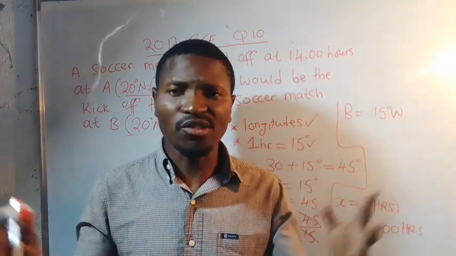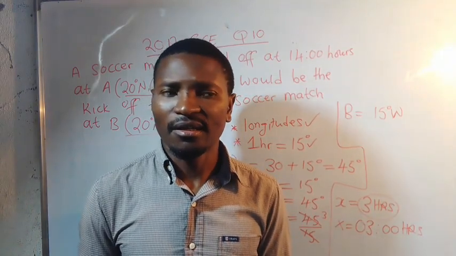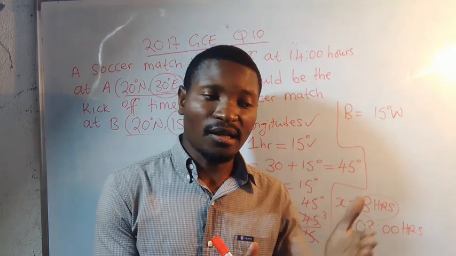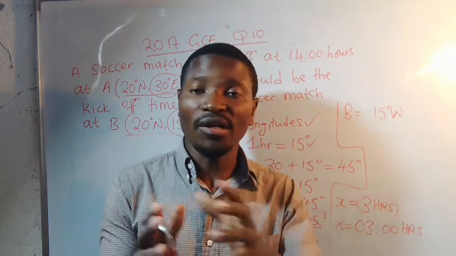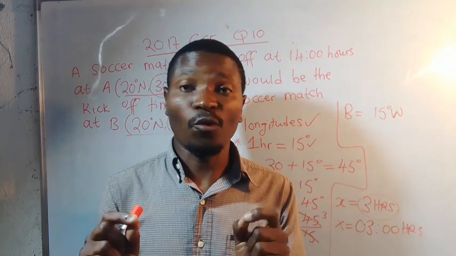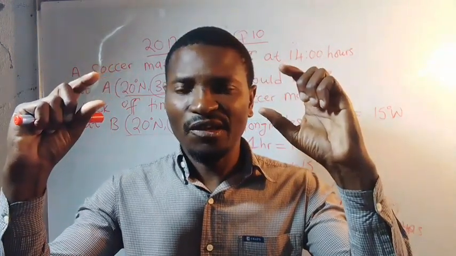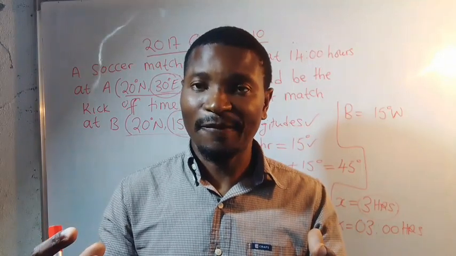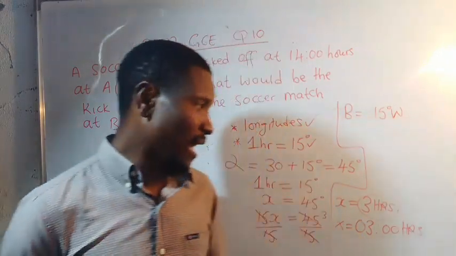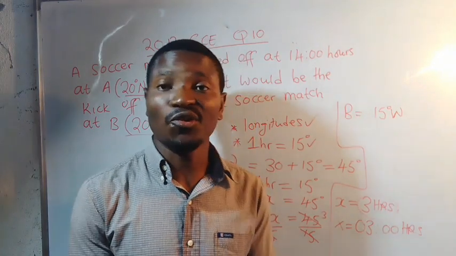If your location is on the western hemisphere of the Earth, then whatever time you are given, you subtract the time that we just found, which is 03.